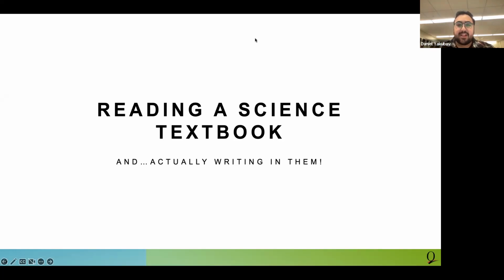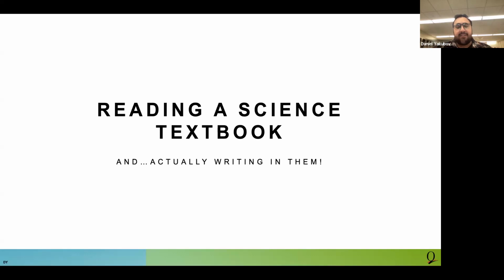Okay, so first, let's tackle reading a science textbook. I am a firm believer in having a hard copy of a textbook. And the reason for that is because when you have your textbook, you're able to feel the textbook, and you can flip through the pages very easily, and you can look up things in the back of the book very easily.